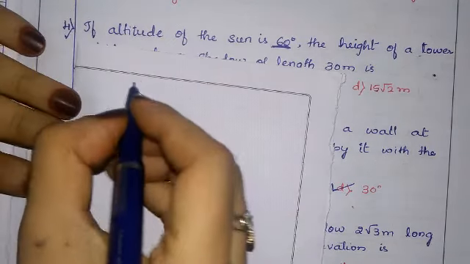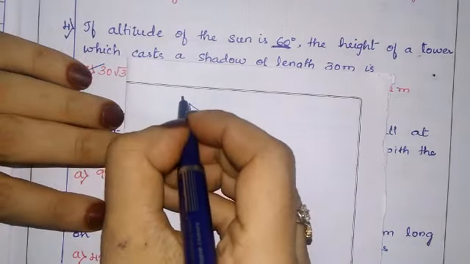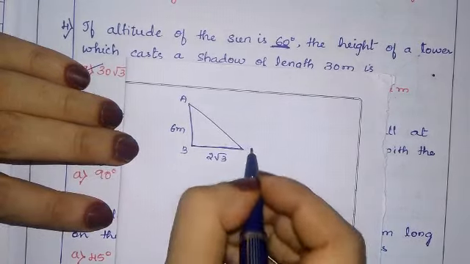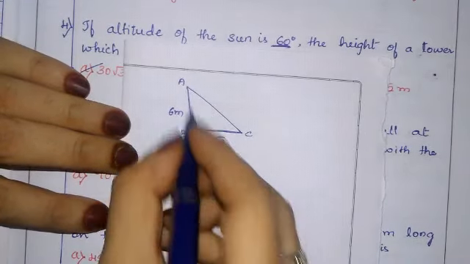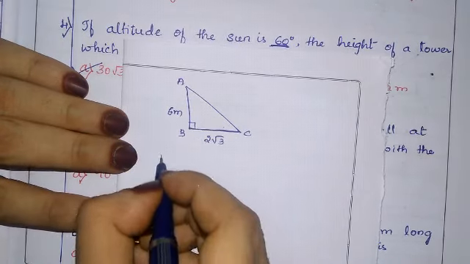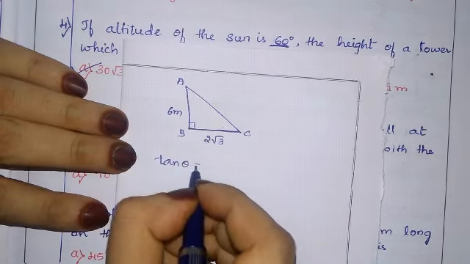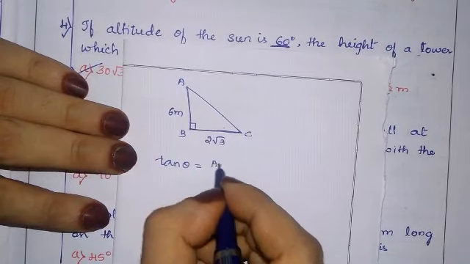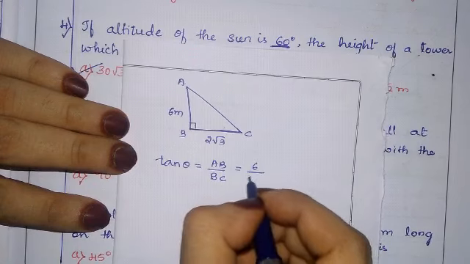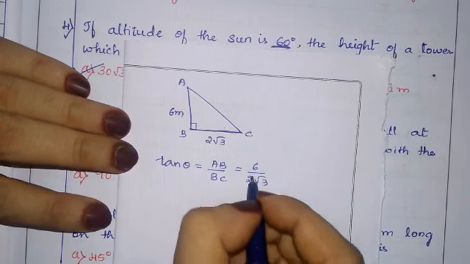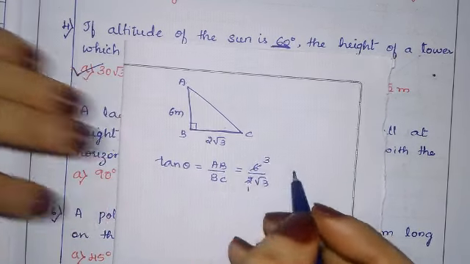Again you can choose any alphabet. I'll choose ABC so that we should not get confused here. Now opposite and adjacent we have. So tan theta is equal to AB upon BC. AB is nothing but 6 upon 2 root 3. 2 1s are 2, 2 3s are 6.